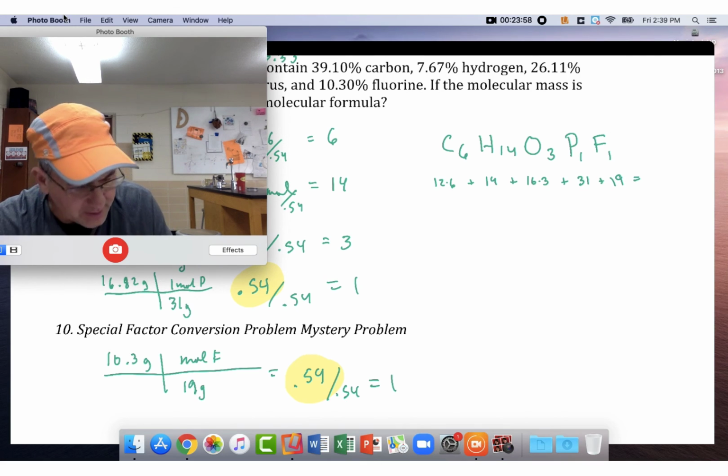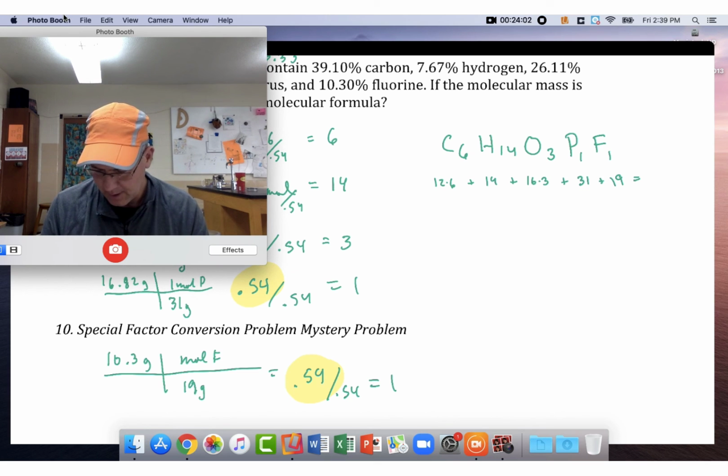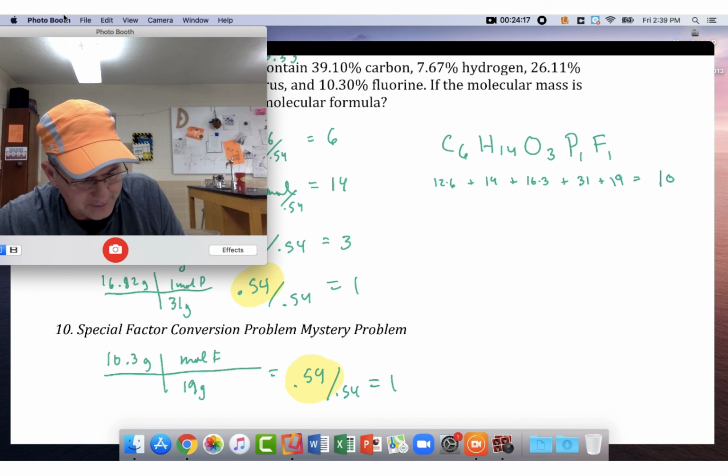And that'll be the weight of that empirical formula, because that's the simplest formula. So that equals 184. That's what I was thinking.